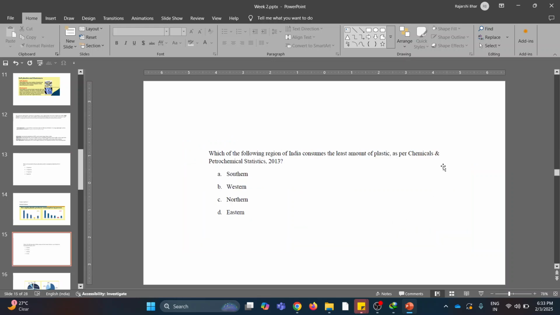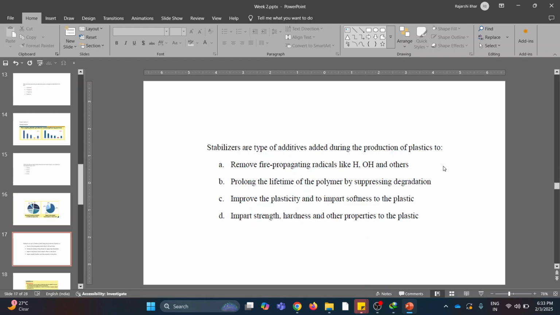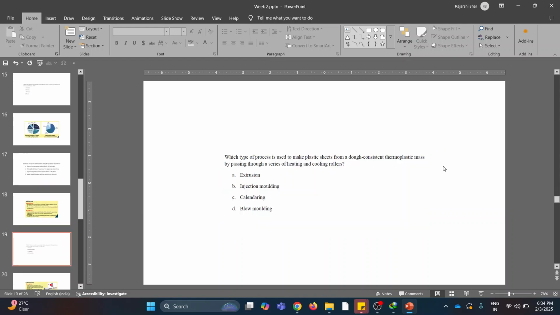Then, which of the following regions in India consumes the least amount of plastic as per the chemicals and petrochemical statistics of 2013? Option D, that is Eastern India, is the correct answer. Then stabilizers are types of additives added during the production of plastics to, option B is the correct answer, prolong the lifetime of the polymer by suppressing degradation.